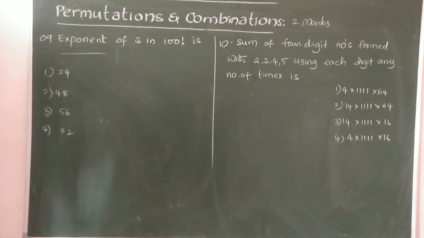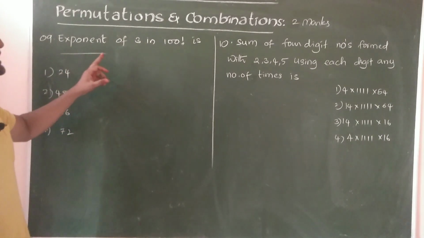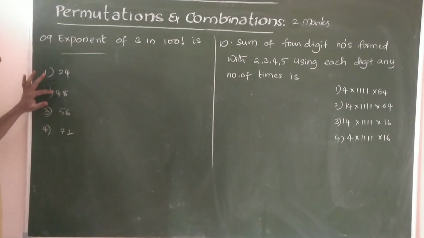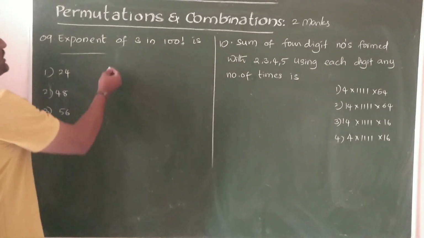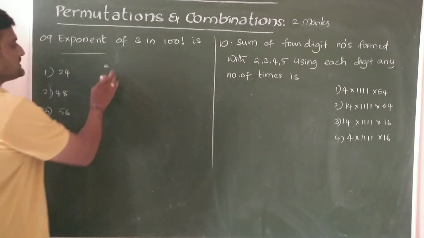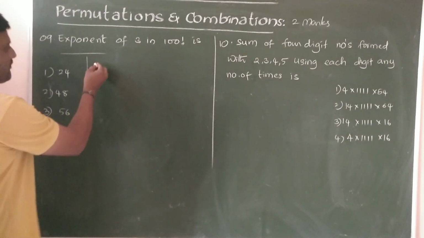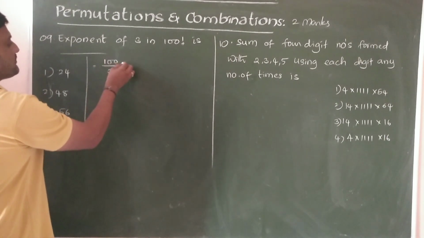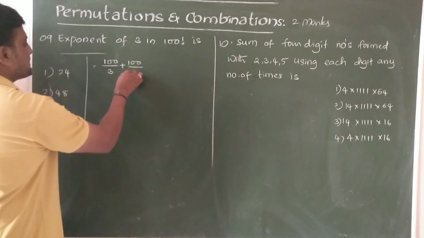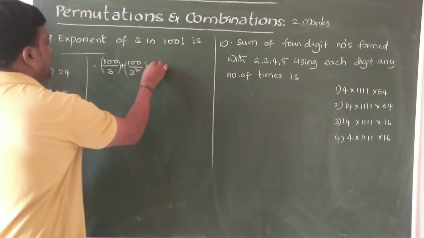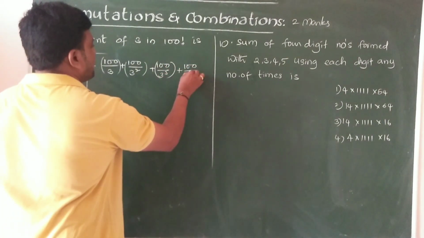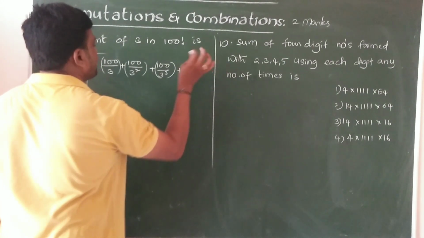Okay. Now the problem is the exponent of 3 in 100 factorial: 24, 48, 56, 72. Now here we can apply the formula like this: 100 by 3 plus 100 by 3 square plus 100 by 3 cube plus 100 by 3 power 4 plus so on.